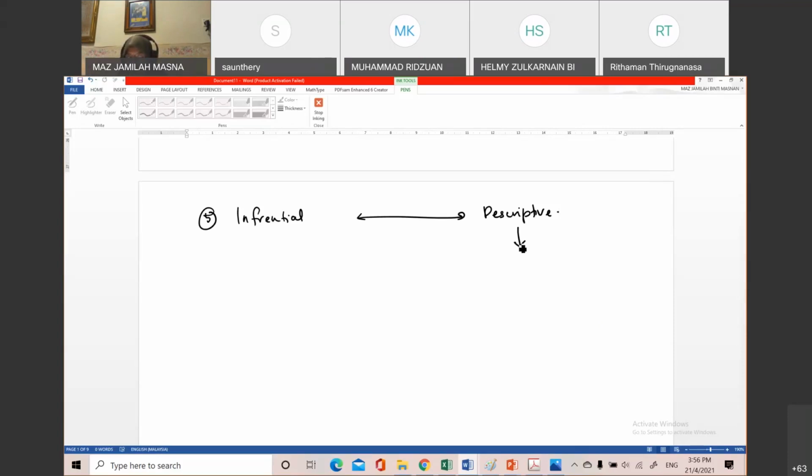This is the understanding that you need in order to identify what kind of method and analysis you should choose for your data, for your secondary data.